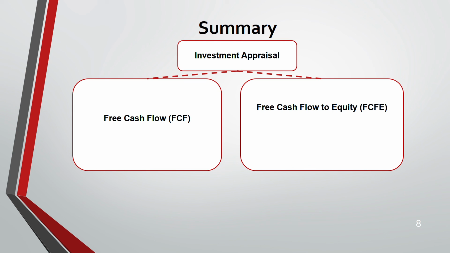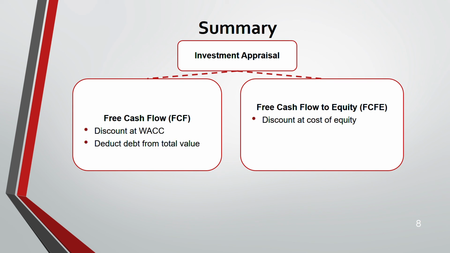Free cash flow to equity, on the other hand, we discount at cost of equity, and we do not deduct the debt from the total value, because once you discount it at the cost of equity, whatever the value is, it is for the equity. So that's the thing.